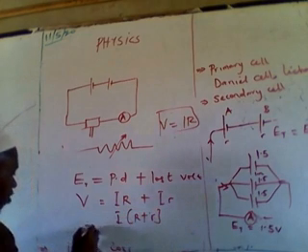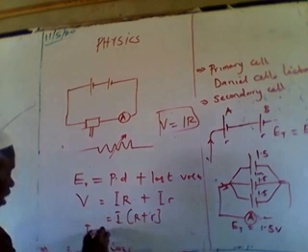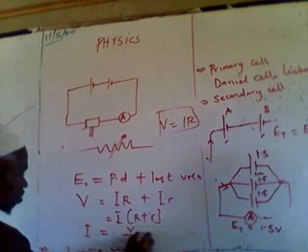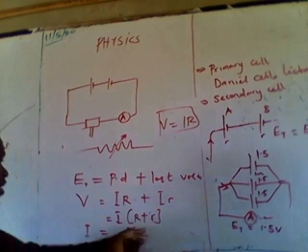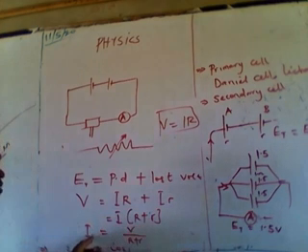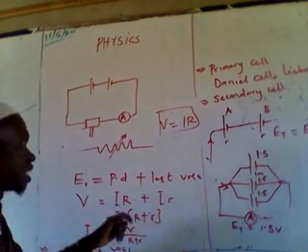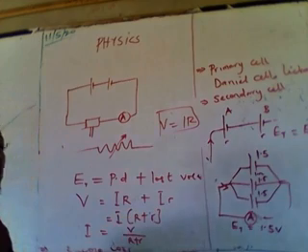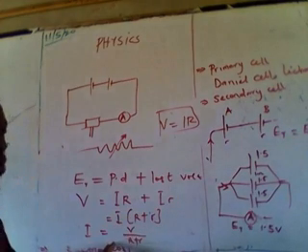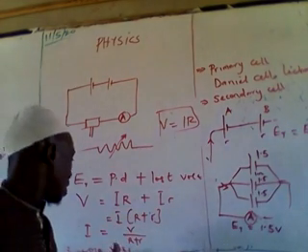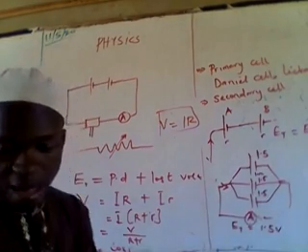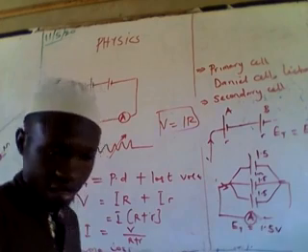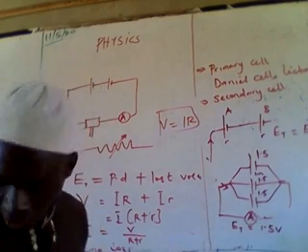Making the current the subject of the formula, we have I equals V over (R plus r). So this formula is for calculating the current flowing in an electric circuit. That means when you have two or more resistors, this is the formula to calculate the current flow. We look into this example before we call it a day on today's online class.